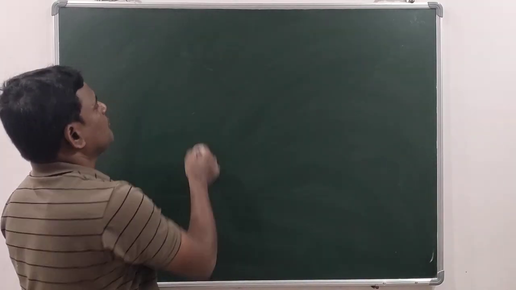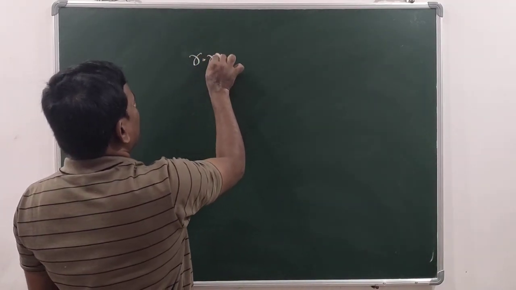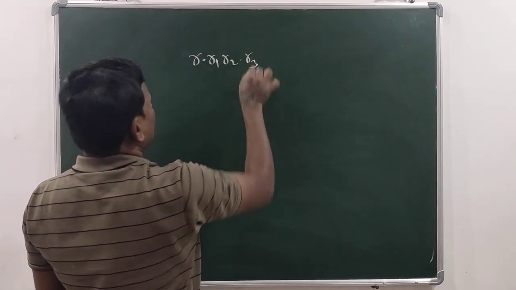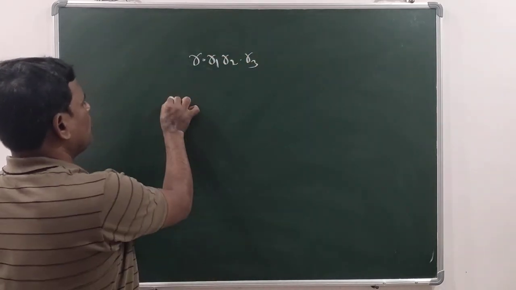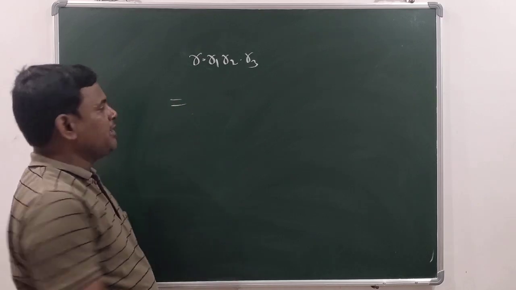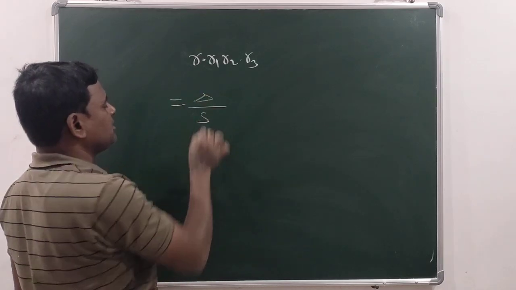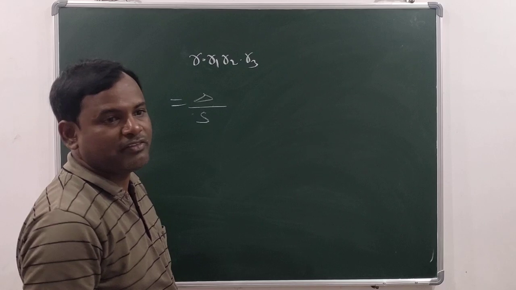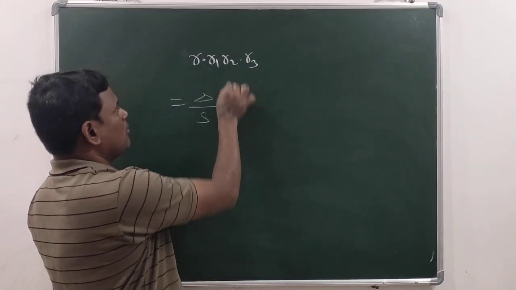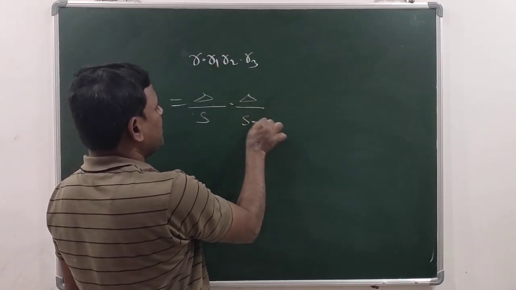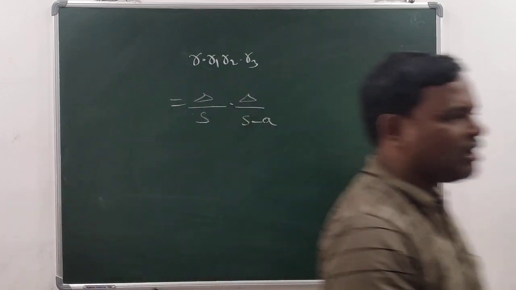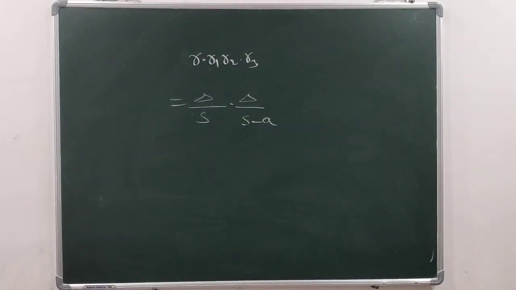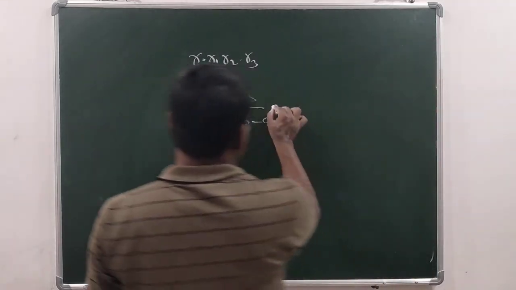See here. Now if you multiply R, R1, R2, R3, what do we get, tell me? You know R1 is delta by S. This is a derivation I have given in my previous classes. Now R1 is delta by S minus A, R2 is delta by S minus B, R3 is delta by S minus C. Now write all of them here.